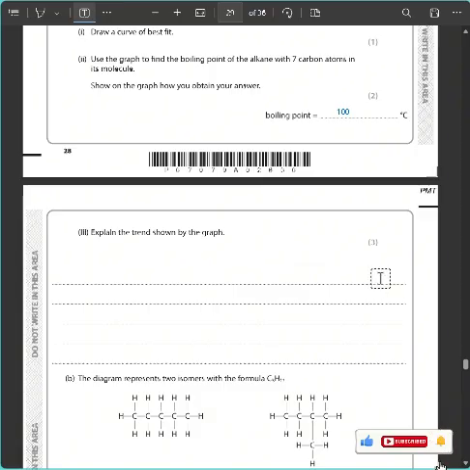Explain the trend shown by the graph. Okay.